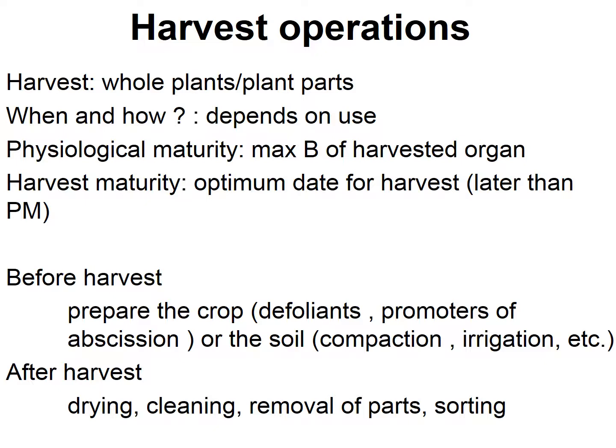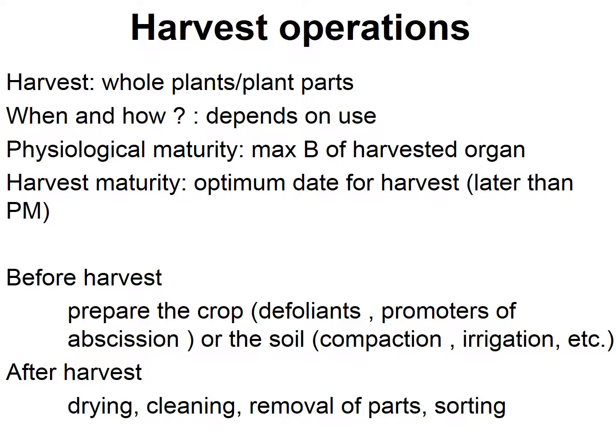We might harvest whole plants or only parts of the plants. The time and the method will depend on the use of the crop. Let's remember the concept of physiological maturity, which is the time when the harvested organ reaches its maximum biomass.